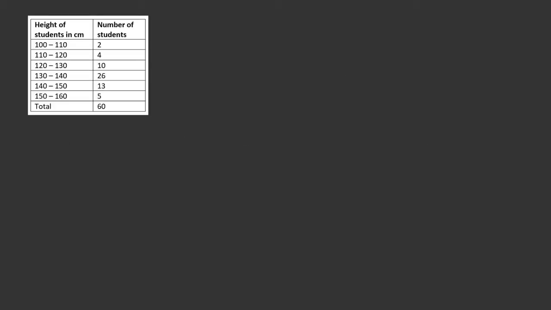Let us see with an example. Consider height in centimeter of students in a class of 60 students. Calculate the mean height in centimeter. It is given that height of students in centimeter in groups, number of students in each group is given, which is fi.